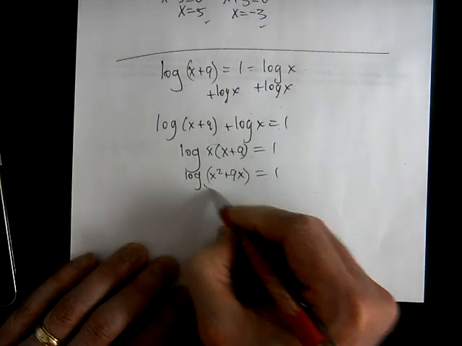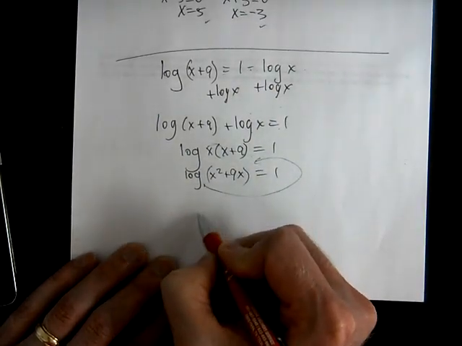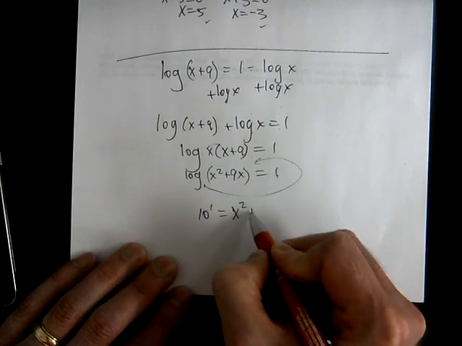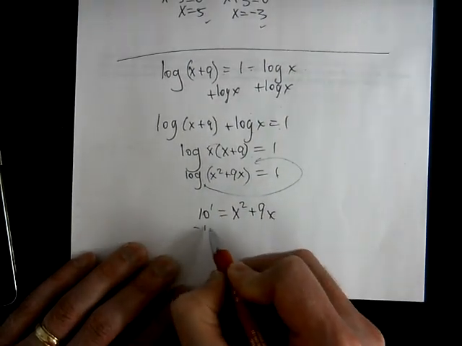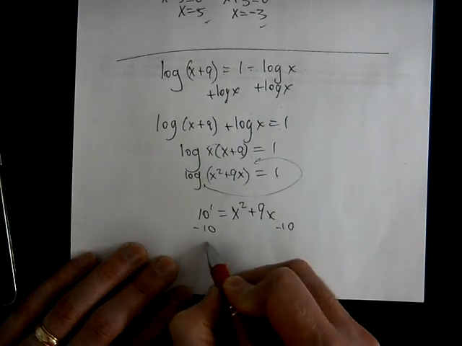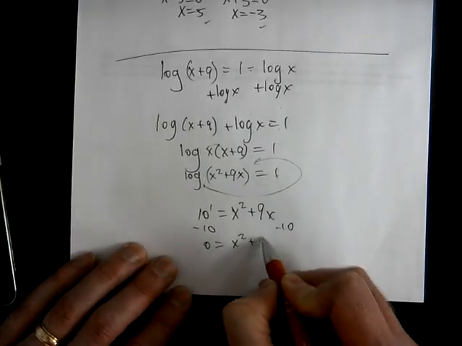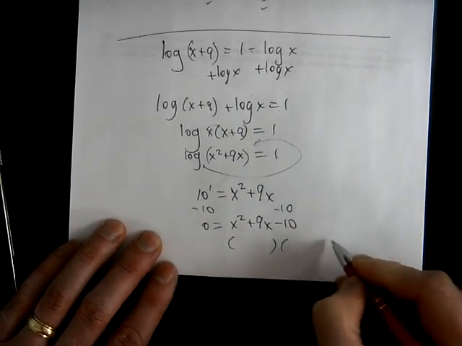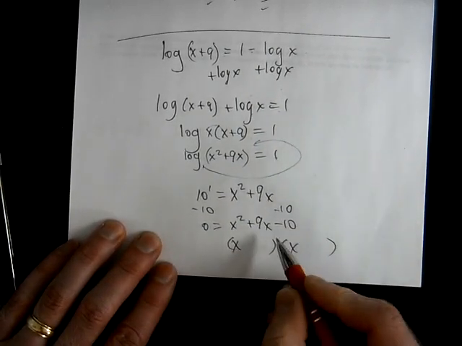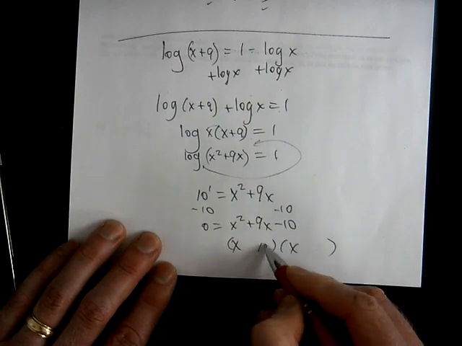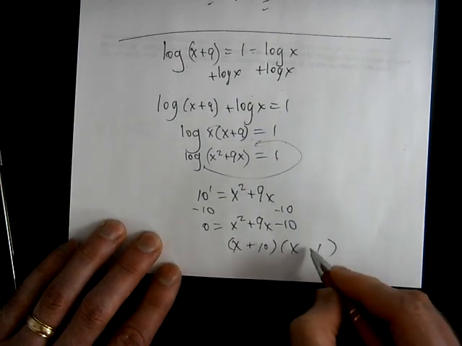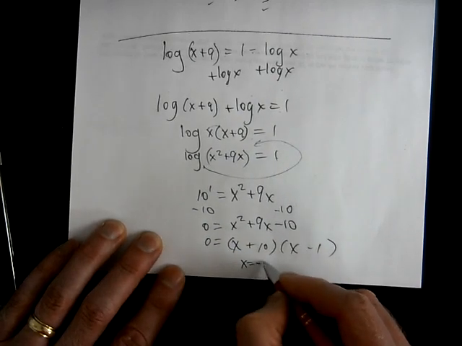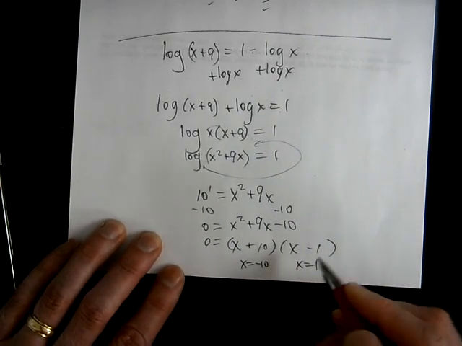Now we would write this in exponential form, which is 10 to the first power equals x squared plus 9x. Subtract our 10 across, so we get x squared plus 9x minus 10, and then we factor that. That looks like positive 10, negative 1. So we get x equals negative 10 and x equals 1.